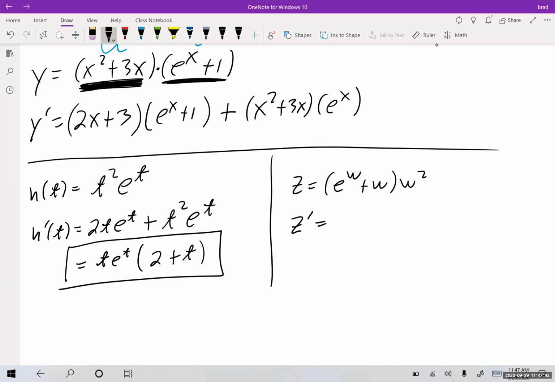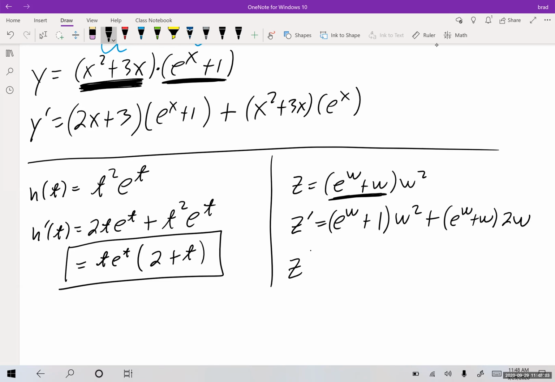z prime is equal to e, I'm going to take the derivative of this first function, e^w plus 1, rewrite w squared, plus rewrite e^w plus w, take the derivative of w squared, which is 2w.